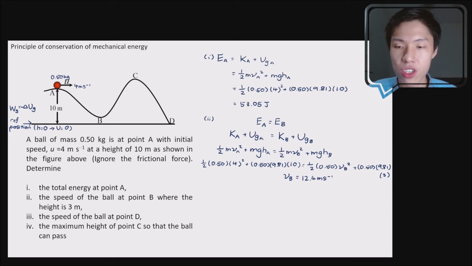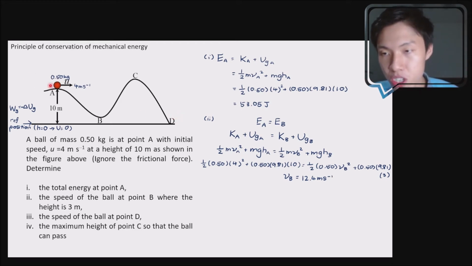Okay, next question. The speed of the ball at point D, which is the speed of the ball after it finished the whole journey over here, reaching point D. Again, we'll take one position where we know most of the stuff, then we'll take another position which we are interested to know something about. We are interested to know about the speed over here, so definitely your equation should have position D inside, and pick another position which you know most of the stuff.